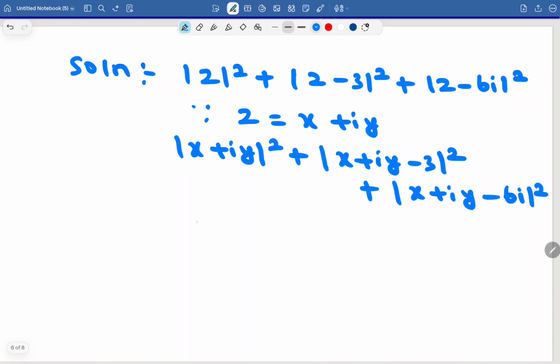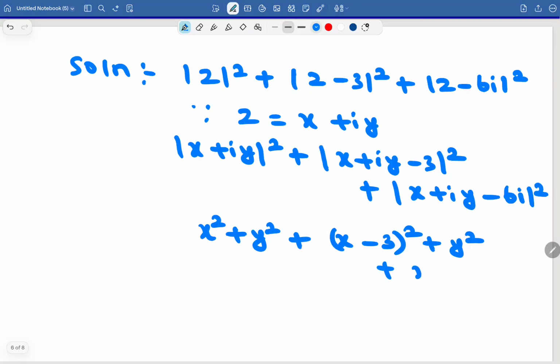Modulus means root of x square plus y square. Since it is modulus of x plus iy the whole square, it becomes x square plus y square. It becomes x minus 3 whole square plus y square. It becomes x square plus y minus 6 the whole square.